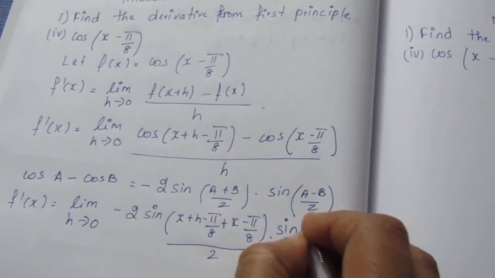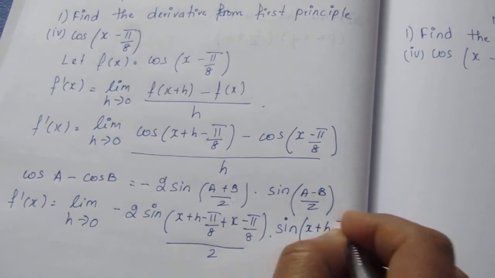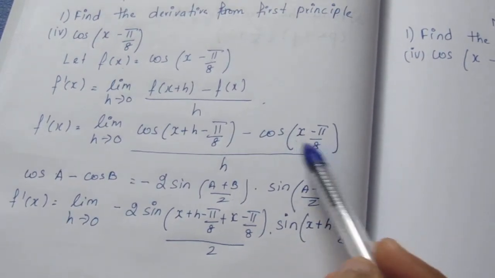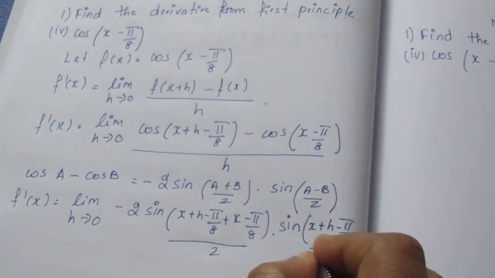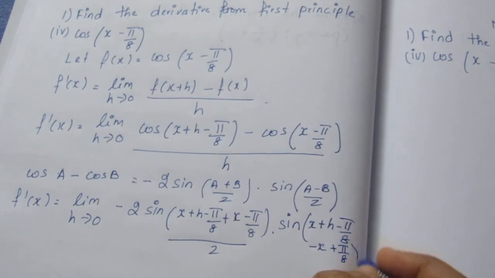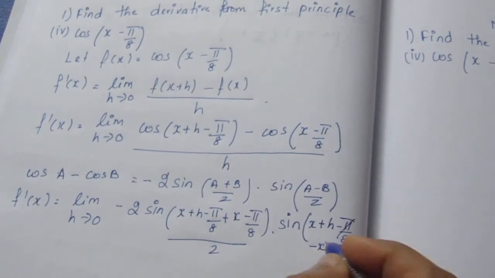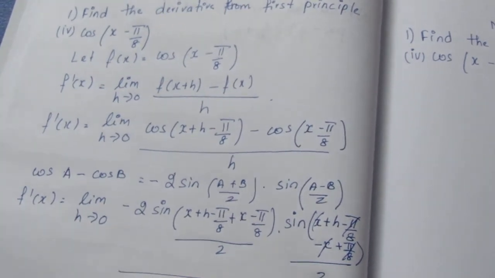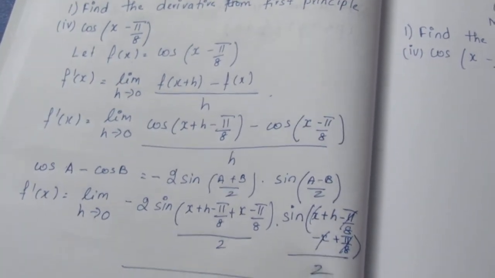Here instead of a we have x plus h minus pi by 8. For b it is minus b, so we need to change the sign of both the things. So it becomes minus x plus pi by 8; if it is minus, write it as plus, if it is plus, write it as minus. Here this both get cancelled, divided by 2, the whole thing divided by h.